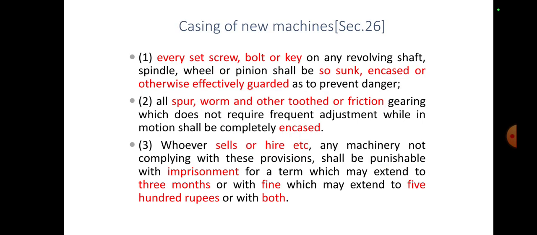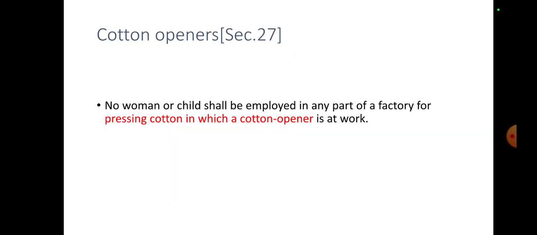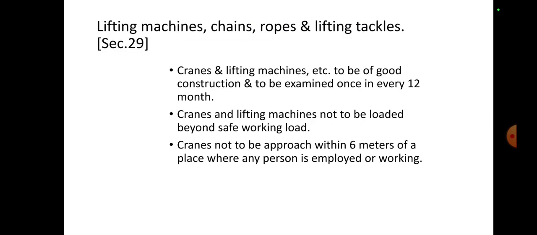So proper awareness has to be given to the workers, through proper training and educating them on how to operate the machines. And casing of new machines is very important. Suppose in textile industries, people working with cotton openers and all have to be more careful. So these are important provisions that we discuss under safety under the Factories Act of 1948.